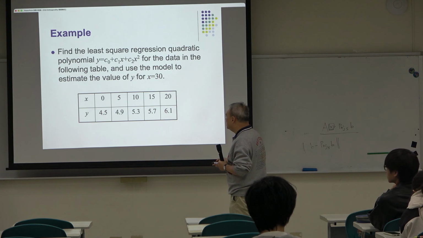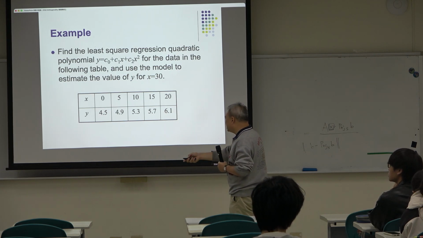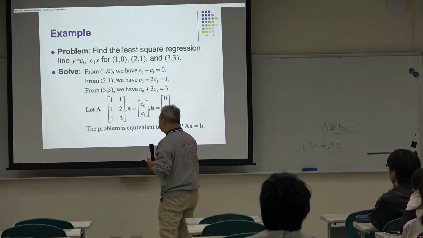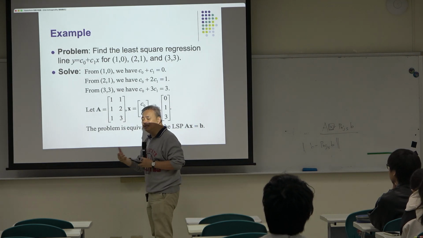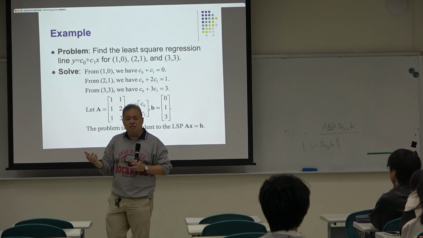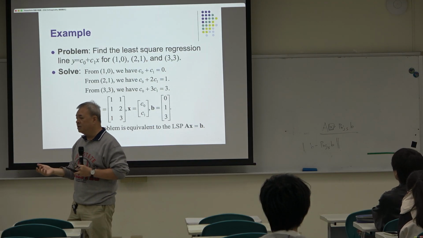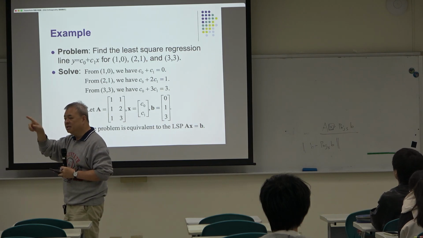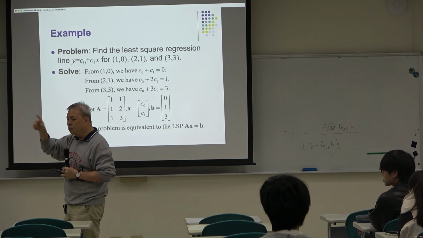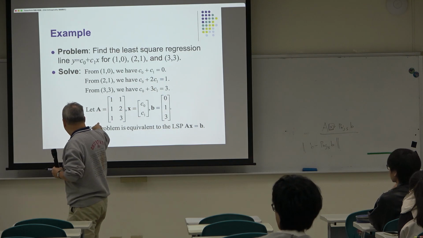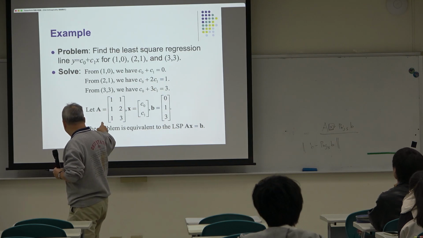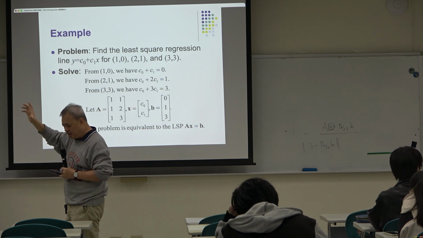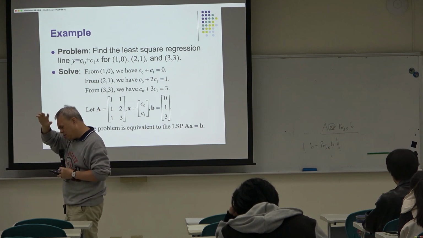I suggest that we at least practice this example, because as I said, it is still reasonable. If you do A transpose A, you get a 2 by 2 matrix, multiplied by c0, c1, and A transpose b is also a column vector of 2 elements.